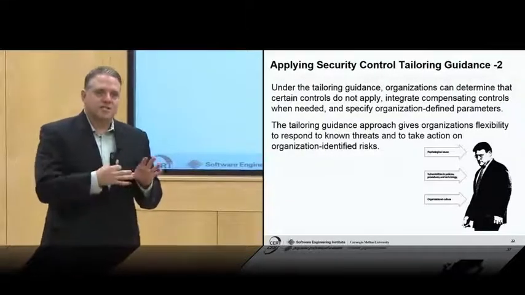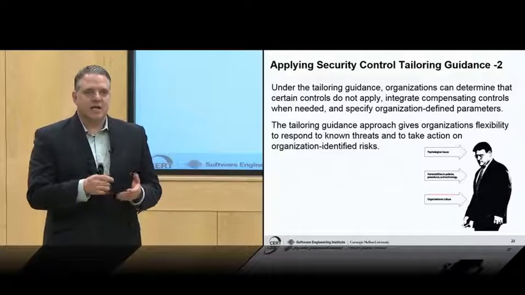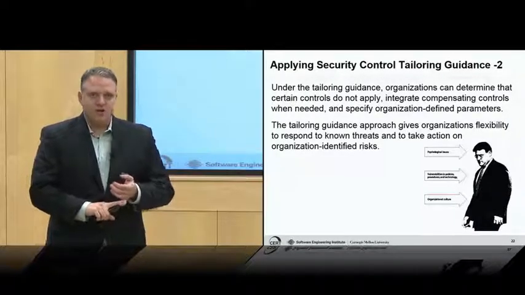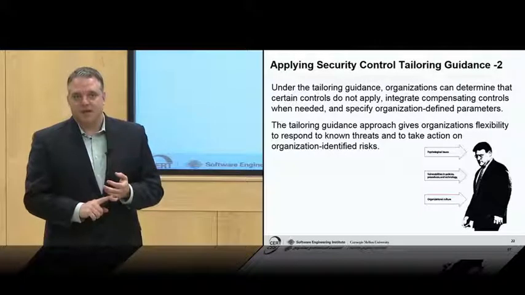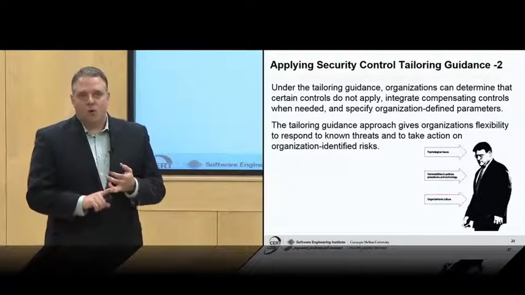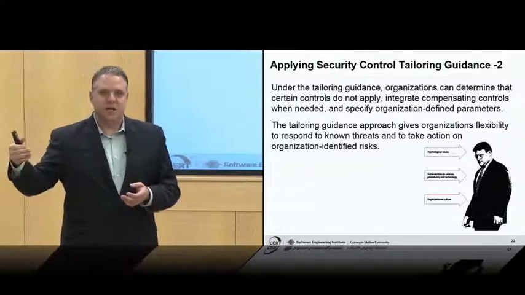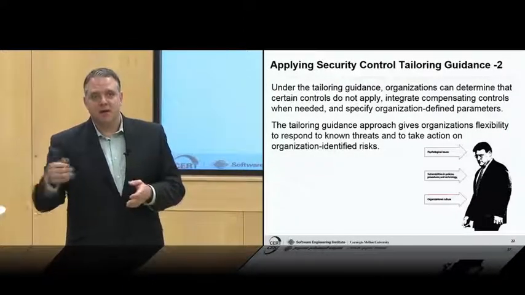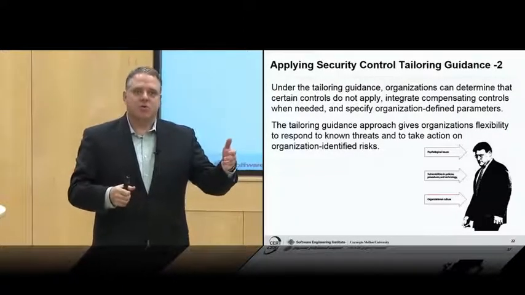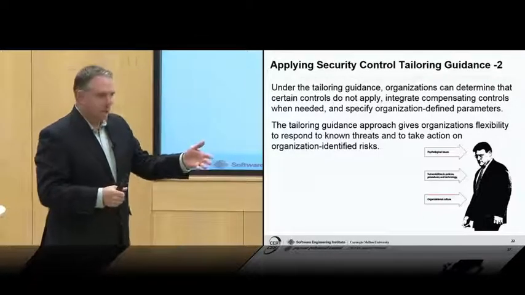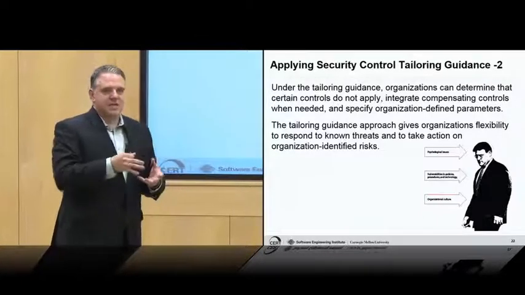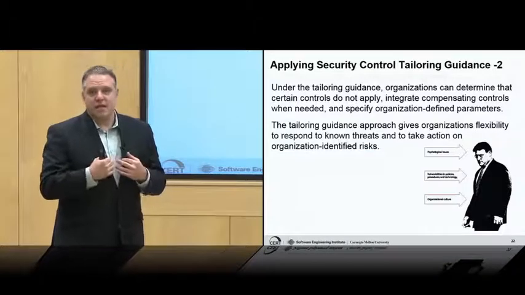Under this tailoring guidance, you can determine that there are certain controls in here that I don't need to implement. Or maybe I can't implement a control even though 853 says I should, but I can build in a compensating control instead. Or I can customize each of these controls based on what I need to do.